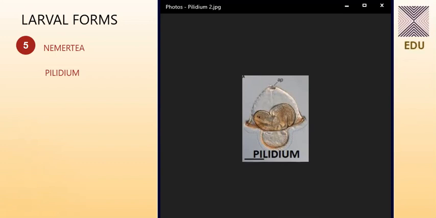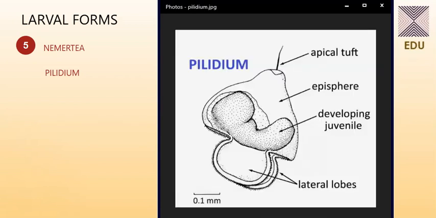So these are the two important functions of the larval epidermis. This is the second diagram for the pilidium larva, and here you can see the developing juvenile inside it. It has an apical tuft, it has the episphere or the epidermis, and it has two lateral lobes on the lower side.